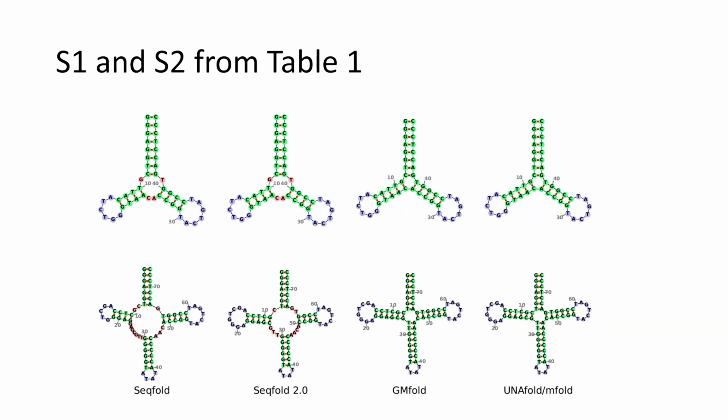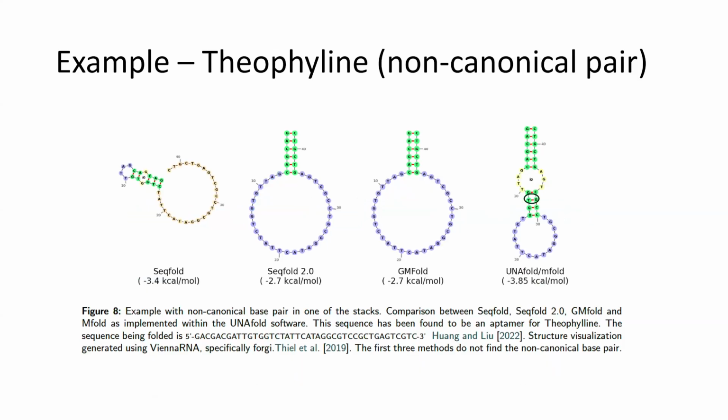So as you can see, this is basically what happened across our data sets. SecFold and SecFold 2 were very similar, and GMFold and MFold ended up being very similar. However, we do pay a cost because we're using a more robust searching algorithm. It is taking more time to do GMFold, but it turns out that it's not too much more time.